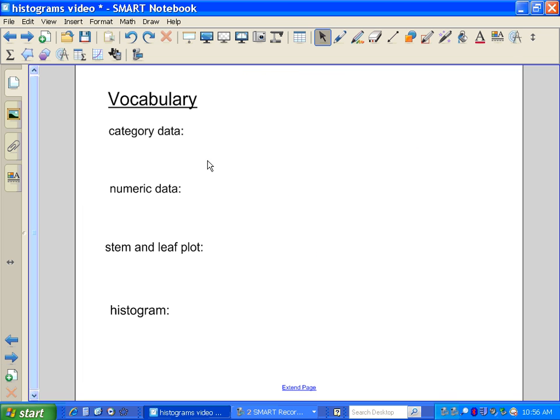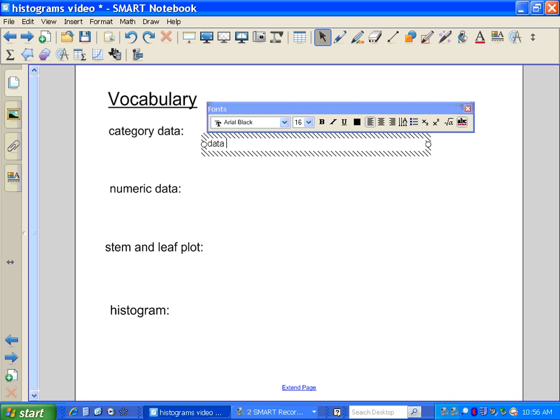A few vocabulary items to get down onto that blue sheet. Make sure you're drawing a picture to go with it, the representation, okay? Category data, as we said, is data that can be put into groups, okay? So for example, we're looking at favorite TV show or favorite color.